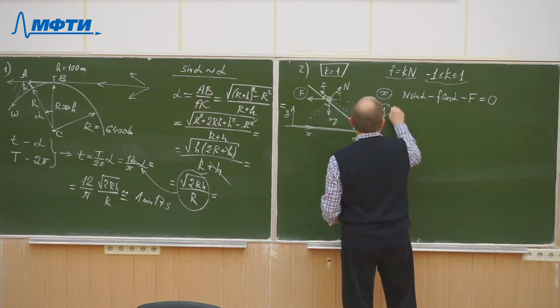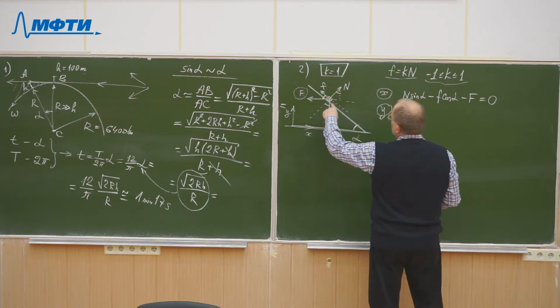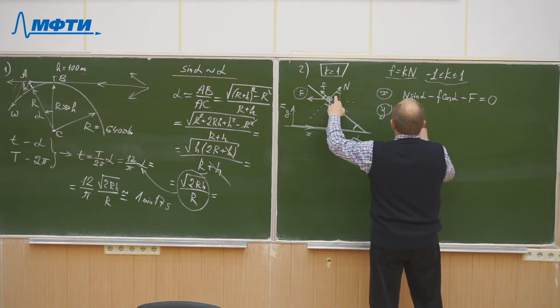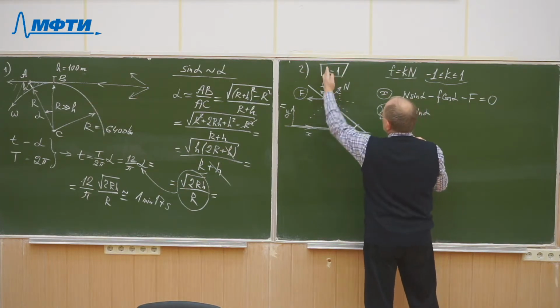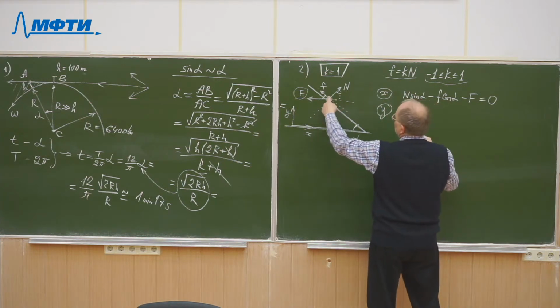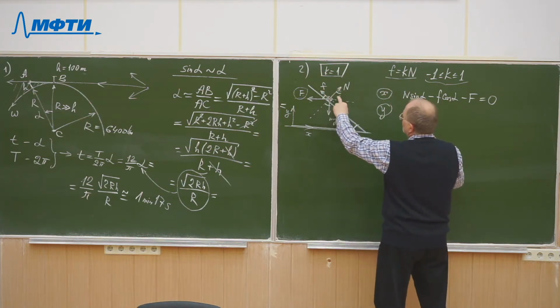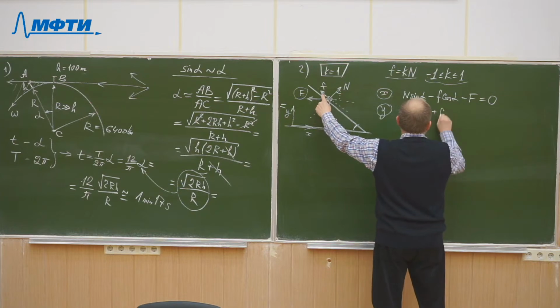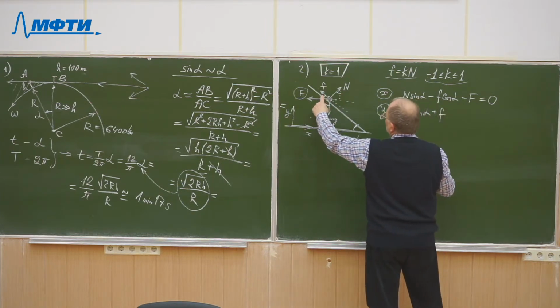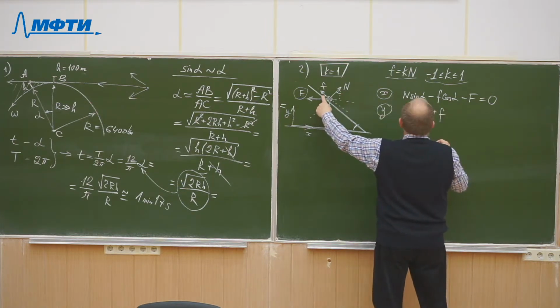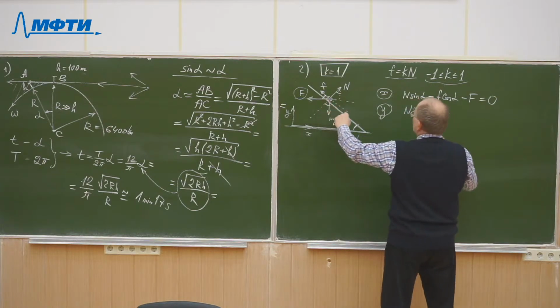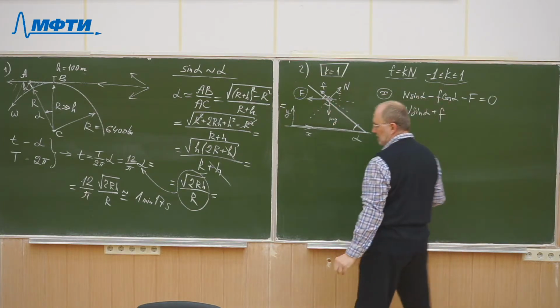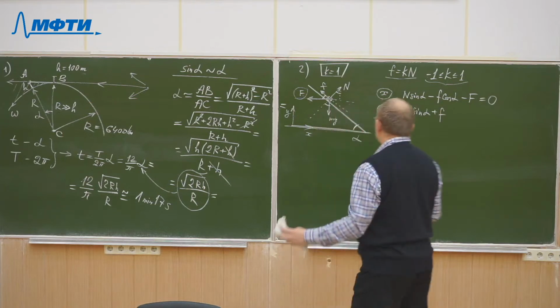Now in the vertical direction, upward is positive, so this component of the force N, N cosine alpha, will be directed upward, it's positive, plus the force of friction times sine alpha.